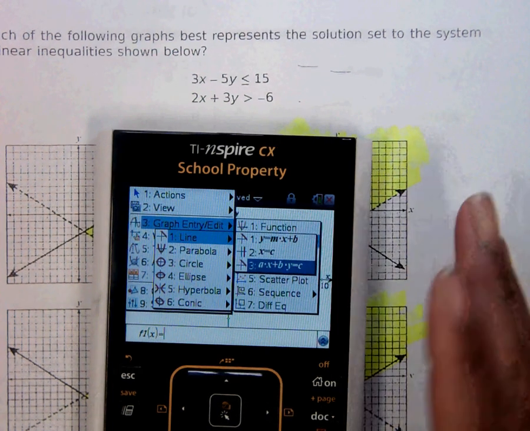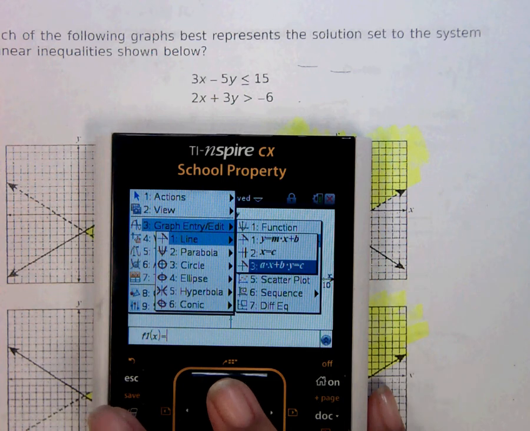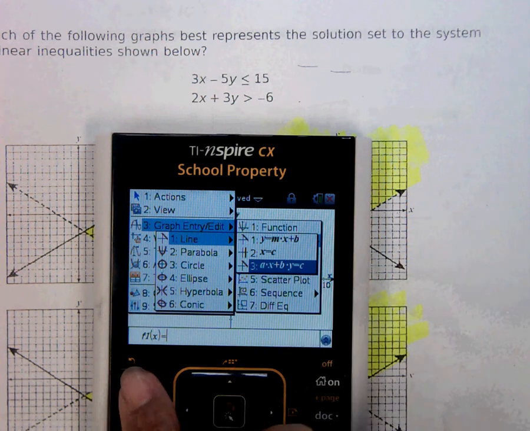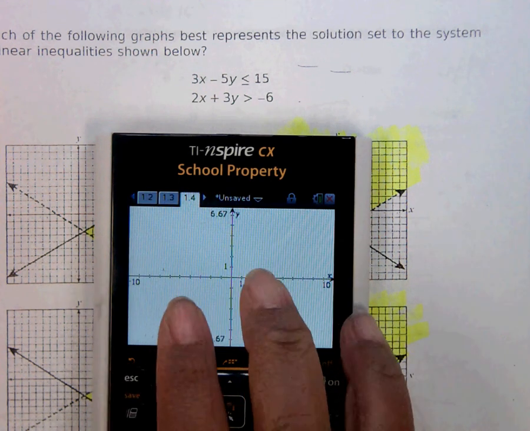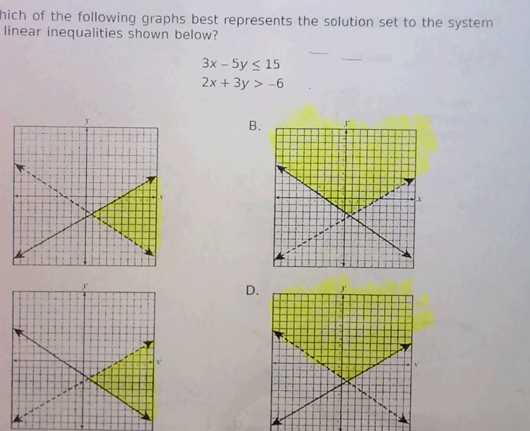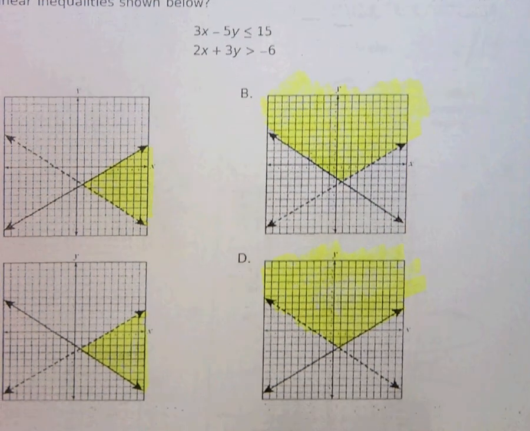We could, but you won't be able to change that equal sign to an inequality. So it would only get you halfway. To do this, we're going to have to solve it by hand and then type it in. It has to be in slope-intercept form. And so there's no way around that.